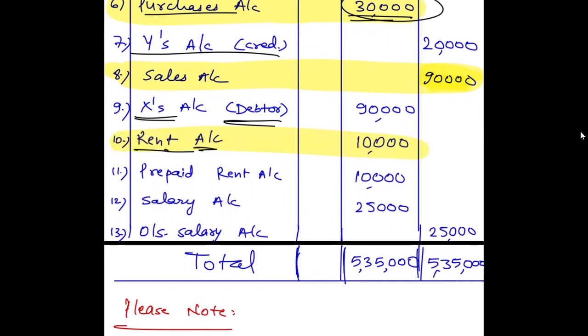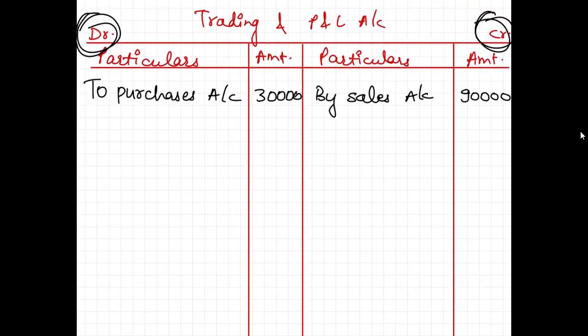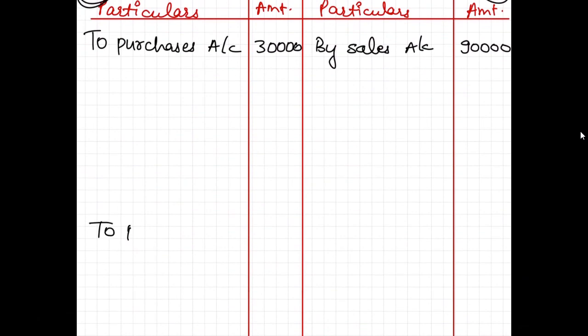So in my trading and P&L account, this is not directly related to my goods, but this is related to my factory. So in the P&L, I will debit rent account, that is 10,000. I am giving a space. Why? Because there will be gross profit calculation over here, which I have explained in the last class.